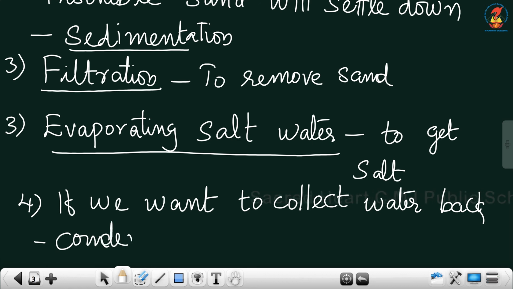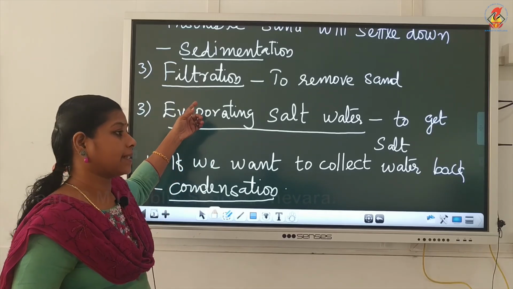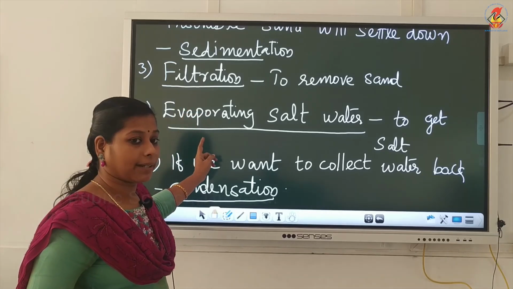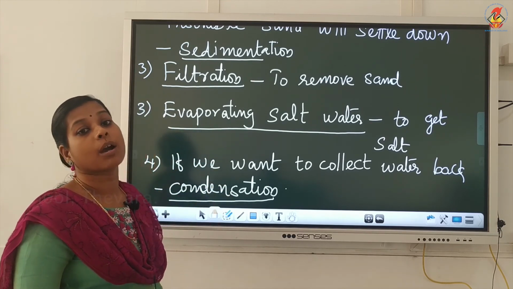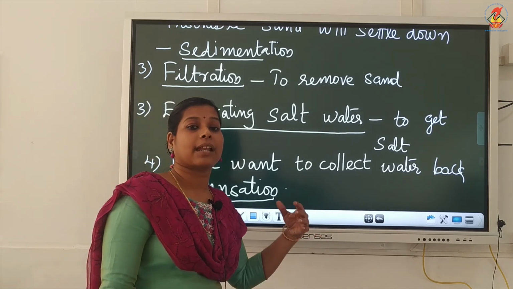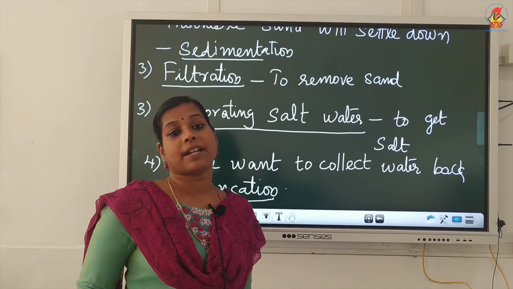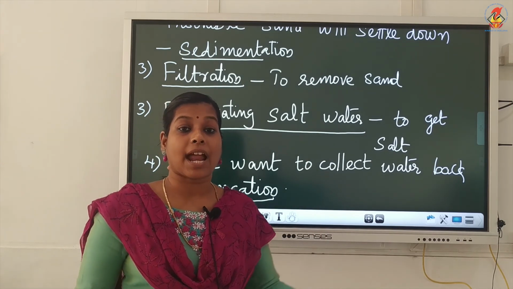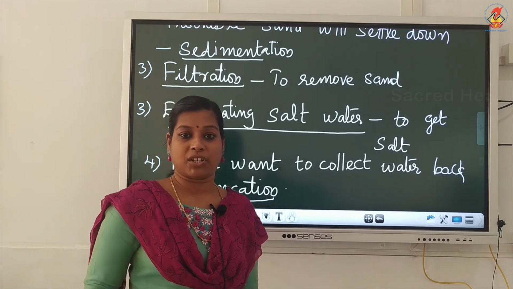Condensation should be done for collecting that water vapor back. So, these are the different methods. First one is sedimentation. After sedimenting, filtration is conducted, then the solution is evaporated. Then to collect the water back, we take the water vapor for condensing. So, these are the different separation techniques adopted for separating the components of a single mixture.